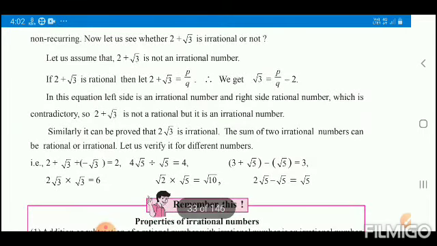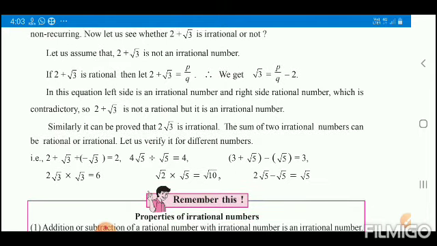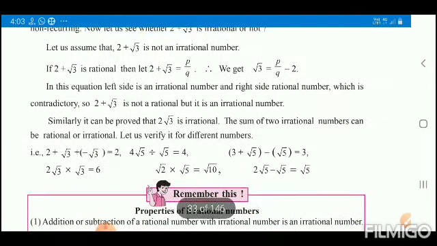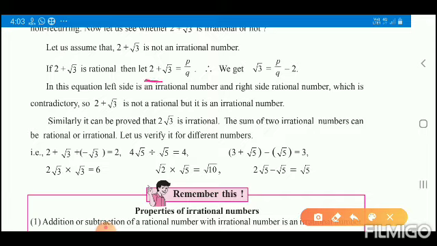If 2 plus root 3 is rational, then we can write 2 plus root 3 in the form P upon Q. Then we get root 3 is equal to, here what they did, just this 2 they shifted to which side? Right side. So here 2's value is positive, so it became negative 2.